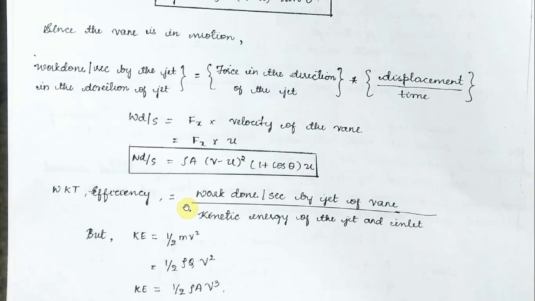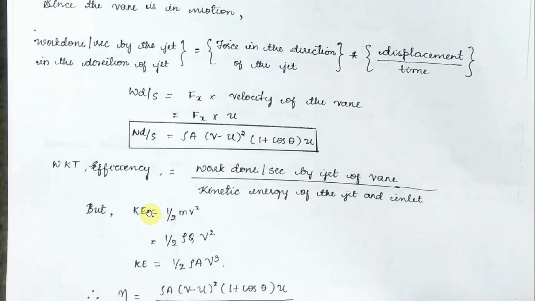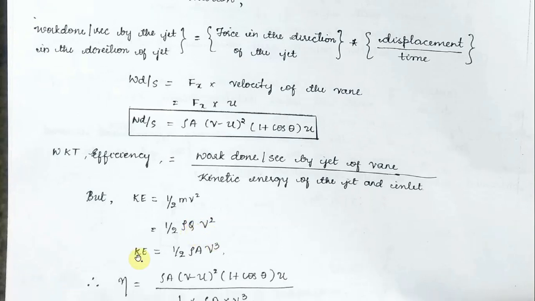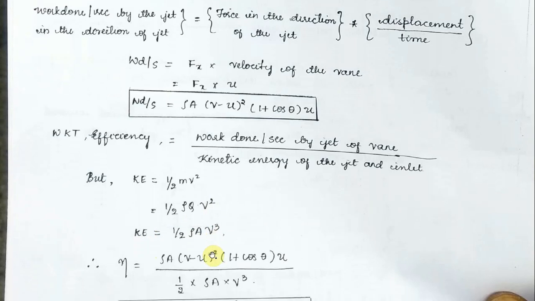Therefore, we know that efficiency is the work done per second by the jet on the vane divided by the kinetic energy of the jet at inlet. Kinetic energy is half m v squared, where m is rho Q, and Q is A V, so kinetic energy is half rho A V cubed.